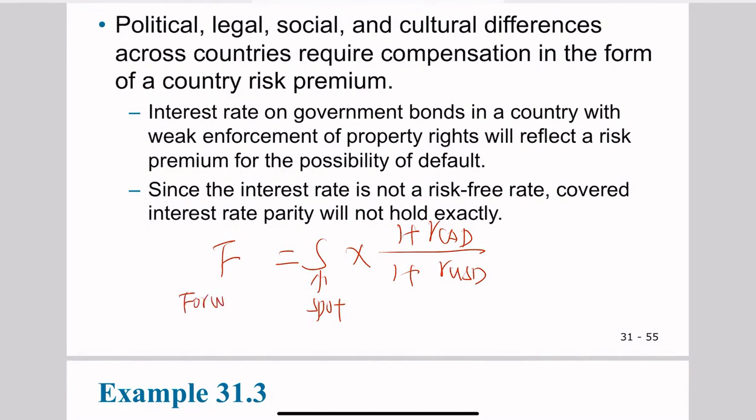This is the forward rate. And both are expressed in CAD per USD. And this is the so-called covered interest rate parity we learned in chapter 30, and we used it to determine the forward exchange rate. Importantly, when we derived covered interest parity, we assumed these two interest rates, the risk-free rate.